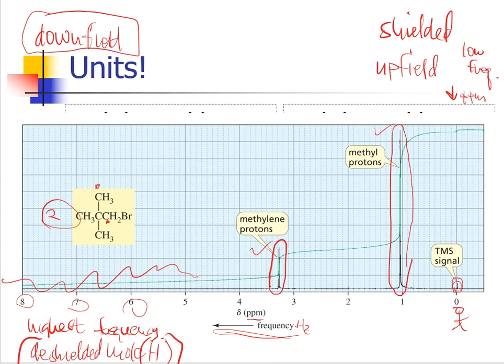Whereas the downfield side of the spectrum has the higher frequencies, the deshielded protons, and the higher ppms. All right? So that is the conversation that we had to have before we go further, because again, we're going to start tying all of this information up together.